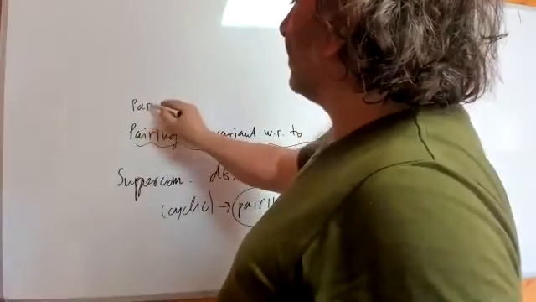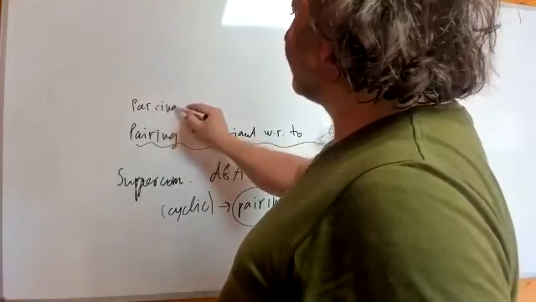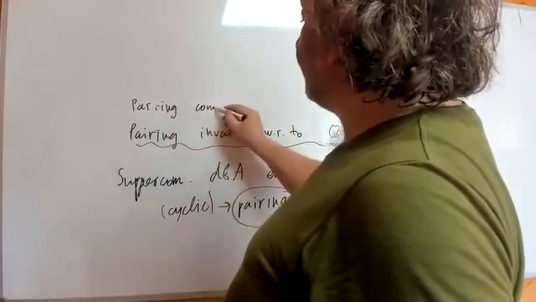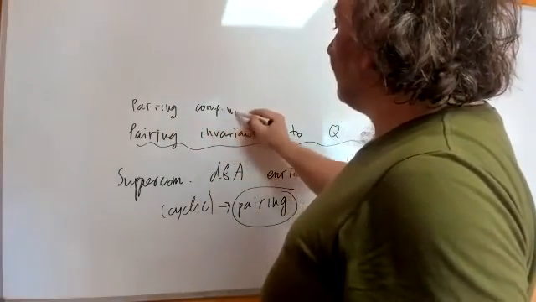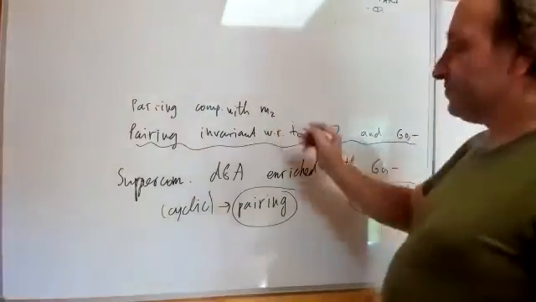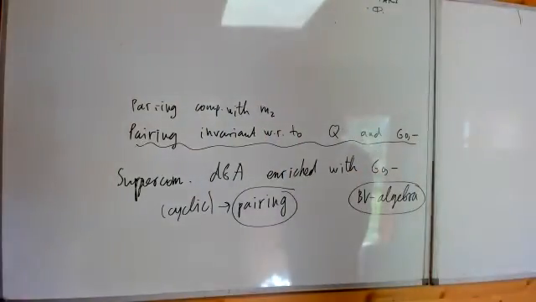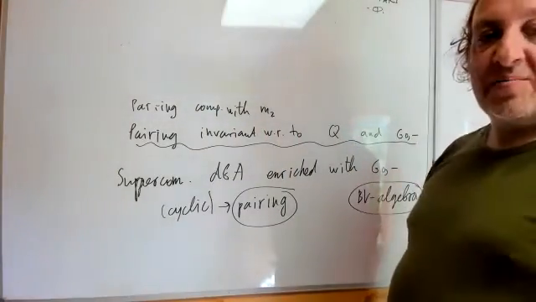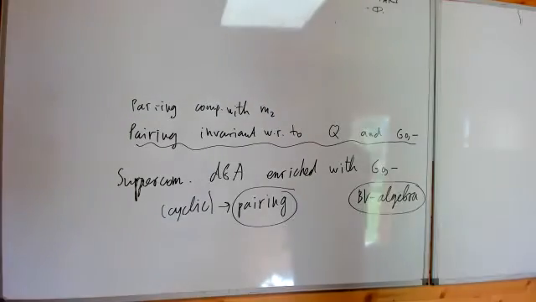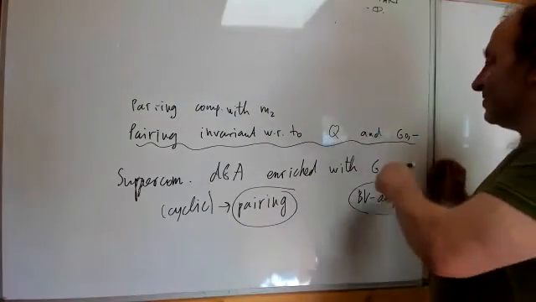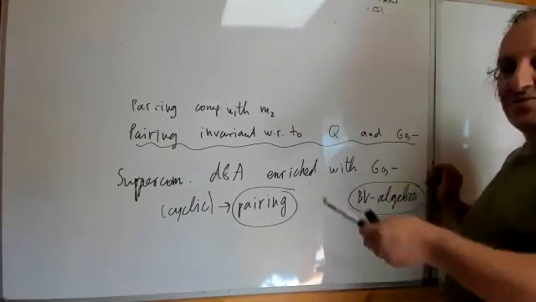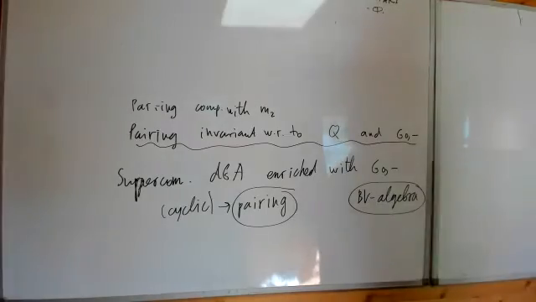And also pairing, of course, should be compatible with M2, because the pairing should give a cyclic structure on DGA.